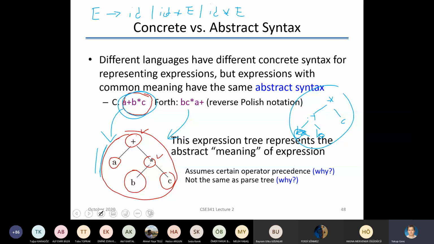I will start with an E, and I will say ID, meaning A, plus E, and then E will go to, again, B times C. I'm taking a shortcut here, because I need to have an E, another ID here, and an ID goes to A. So I'm just shortcutting that step.